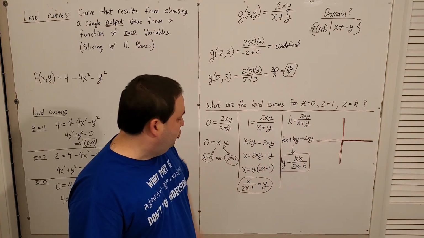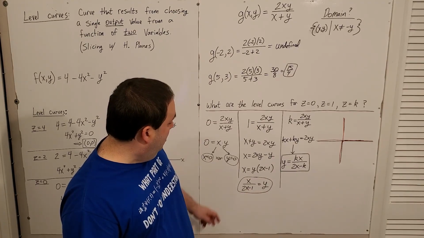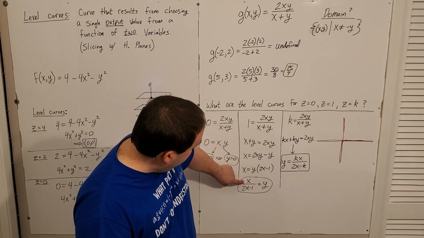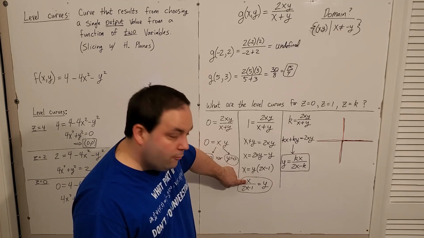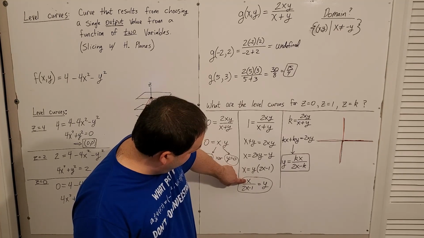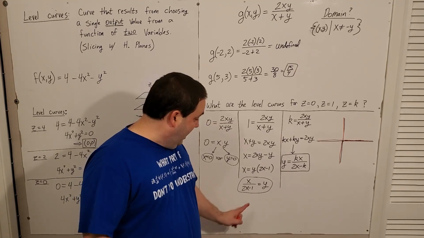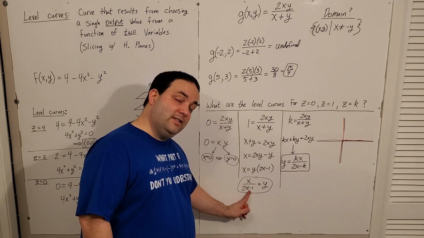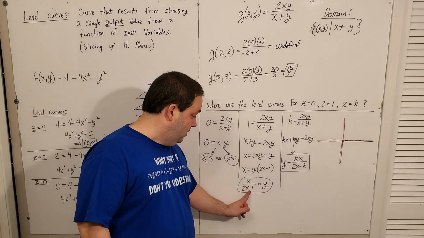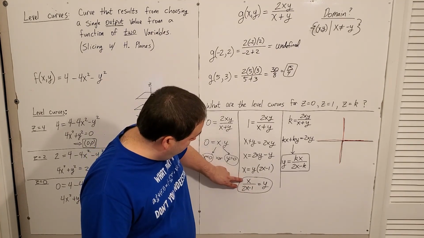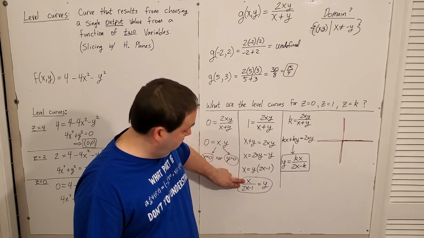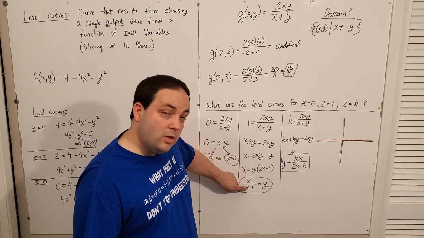x over 2x minus 1. Well, that's a rational function that has 0 as an intercept, because that's where x is 0. Has a vertical asymptote at 1/2, because that's what will cause division by 0. And it has a horizontal asymptote of 1/2 also, right? Because x to the 1 is the same.